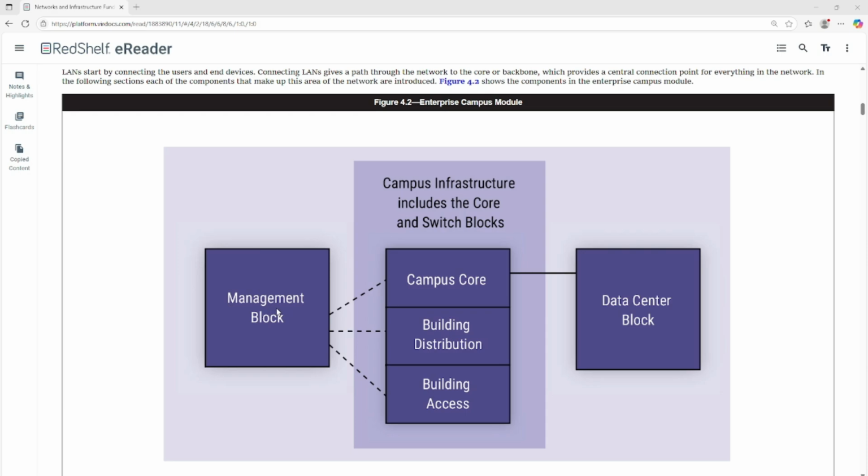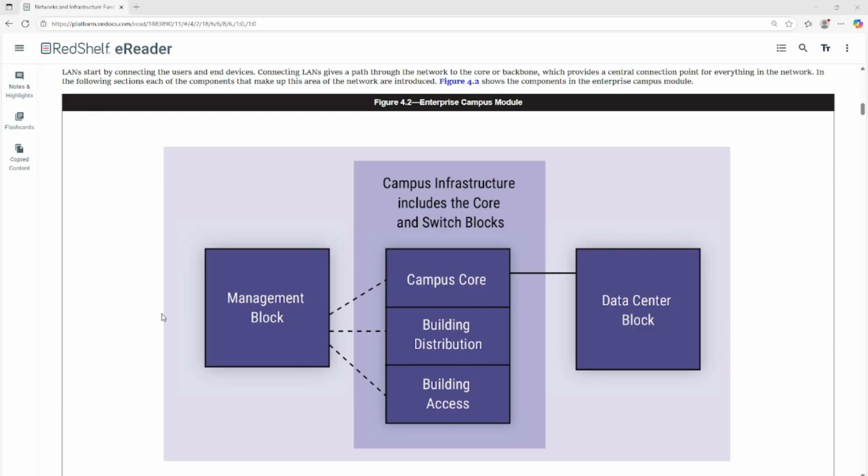It's responsible for providing high-speed connectivity and reliable communication between different departments and services.